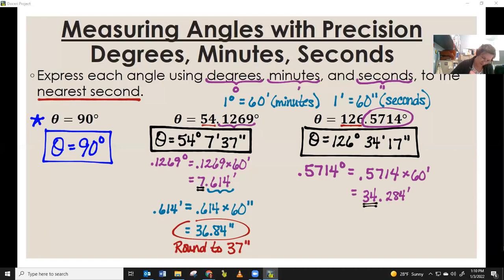So you grab the 34 whole minutes, that goes to become part of your final answer. And you take this 0.284 minutes, you convert that into seconds, 0.284 times 60 seconds. When you do that, you get 17.04 seconds. And since we're supposed to round this to the closest second, we're just going to round this to 17.